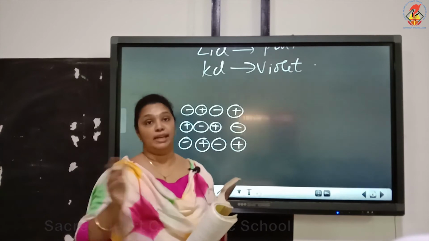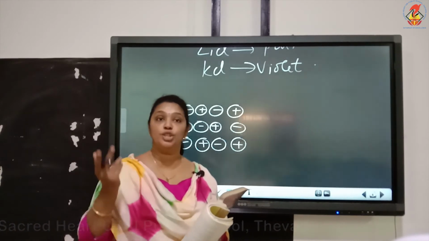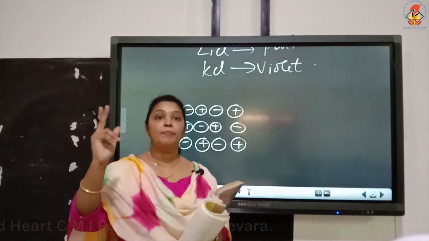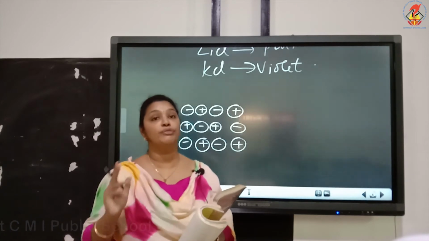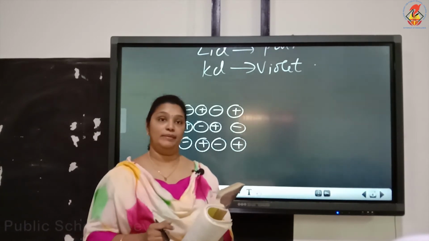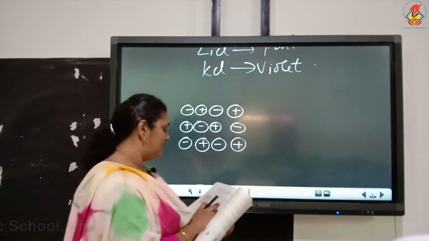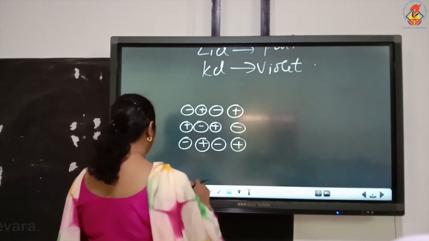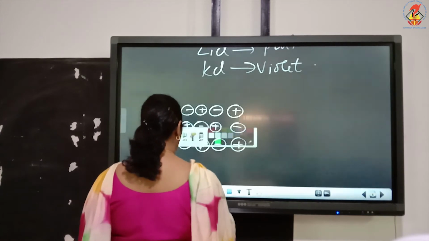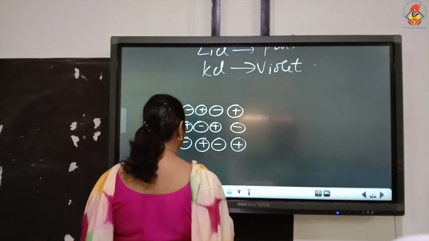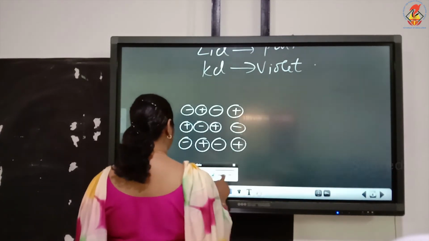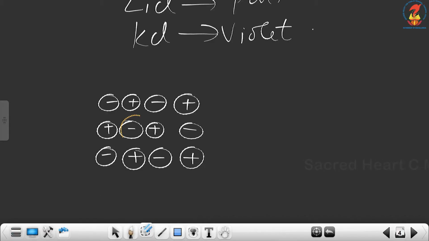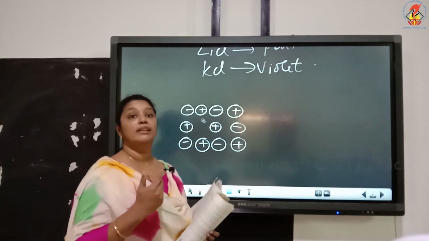They will lose electrons and sodium will change into Na+, and that Na+ will combine with Cl- to form sodium chloride. So, what will happen? You can see that there will be an anion vacancy created. That is, one anion Cl- will be removed.